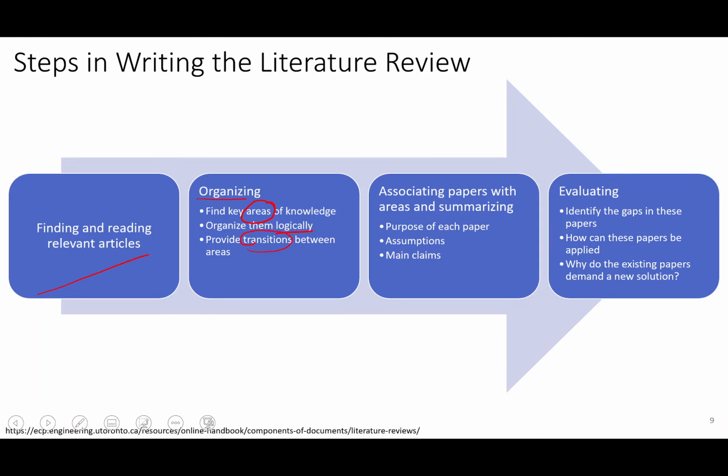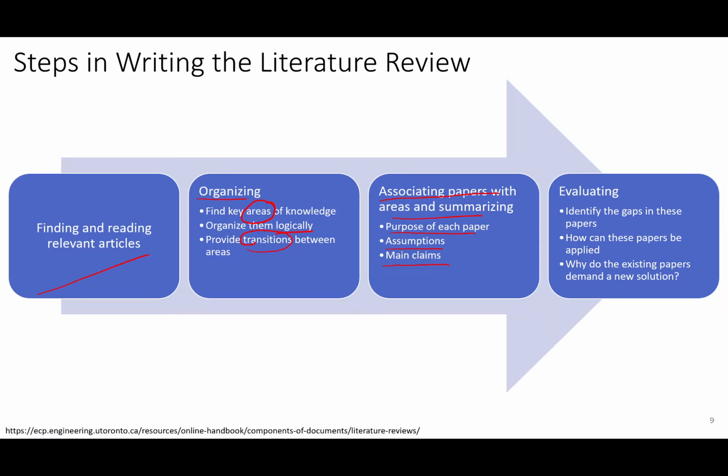If you take two areas, how are these areas related to each other, and so on. And then associate papers and summarizing them and associating them with areas in particular. Purpose of each paper must be understood, and we have to know the assumptions under which that paper is based on and the main claims of each of these papers.